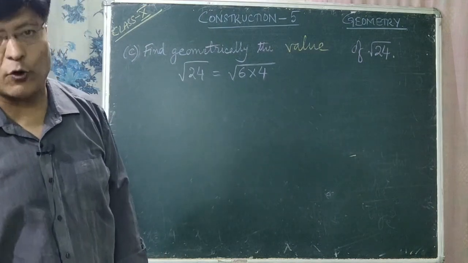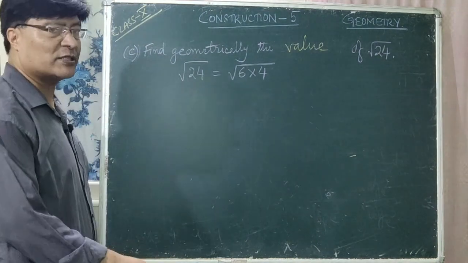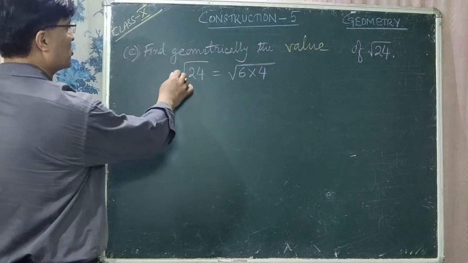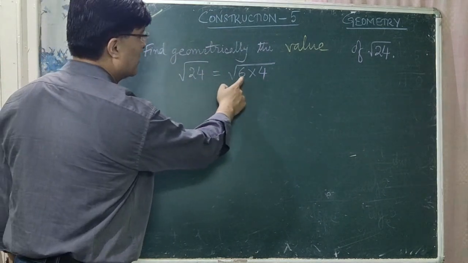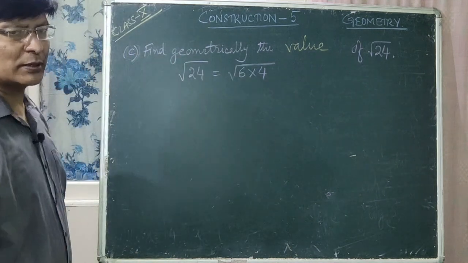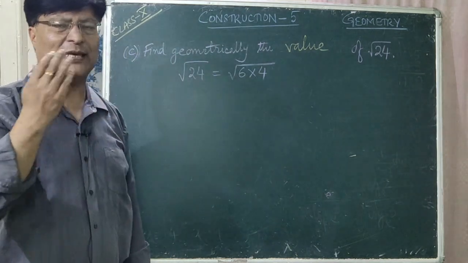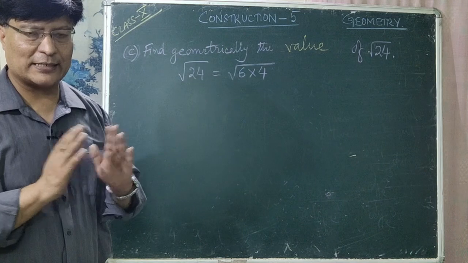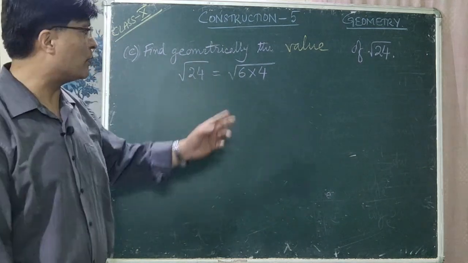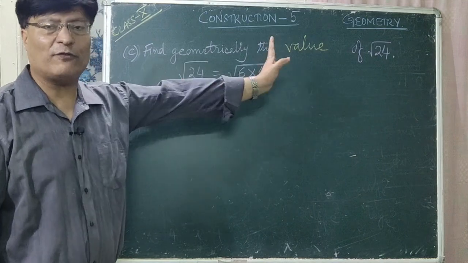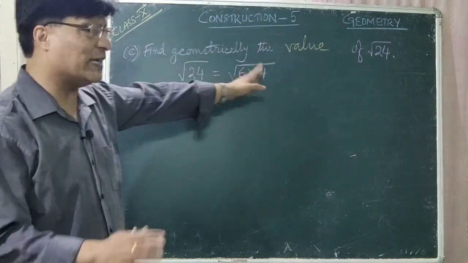So first of all, you will write this root over 24 as root over 6 multiplied by 4. You may write root over 8 into 3. But here 8 is larger than 3. 8 is more larger than 6, isn't it? That's why we have written root over 6 multiplied by 4. You may write root over 8 into 3 also.